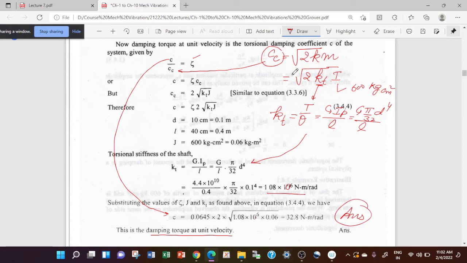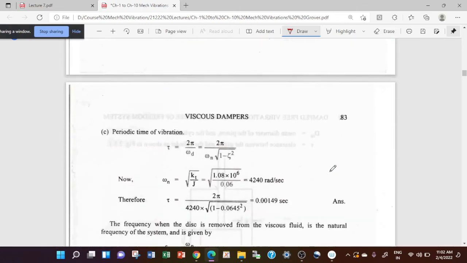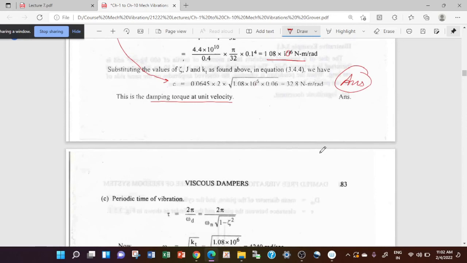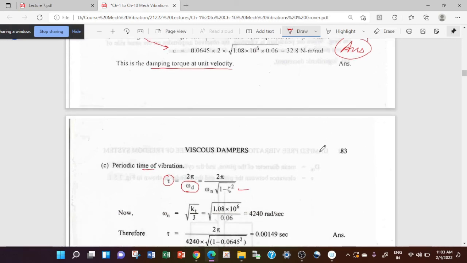And the third one, the periodic time of vibration. The time period is based on omega d. Omega d is equal to omega n times the square root of 1 minus zeta square. You can find omega n, which is nothing but the square root of k upon m for the spring mass system. Here it comes out to be the square root of Kt upon J, where J is the mass moment of inertia; I have taken I here.